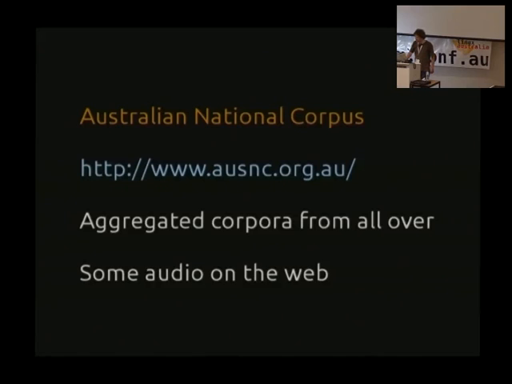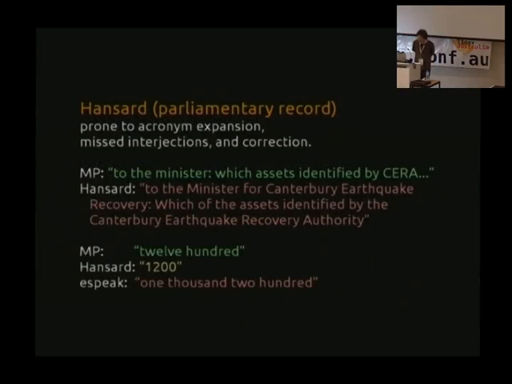It's private conversations. Now, another source is Hansard, which I think you call Hansard here, do you? Yep. Now, in New Zealand, there's a thing called CERA. This is an example. The Canterbury Earthquake Recovery Authority. In Parliament, an MP will ask a question about CERA, and the Hansard will expand it helpfully for anybody who wants to know what they're talking about in 100 years.